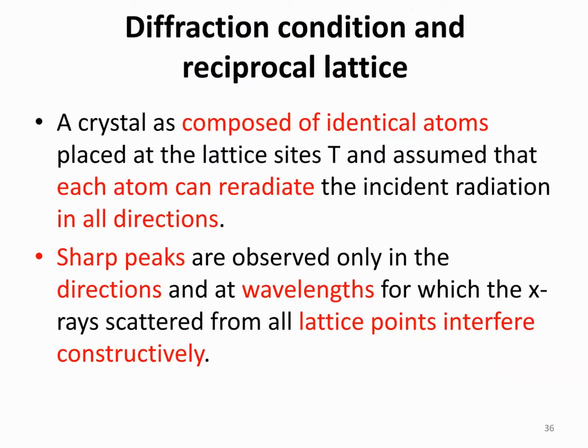So the diffraction condition and reciprocal lattice: a crystal is composed of identical atoms placed at the lattice sites T, and assume that each atom can re-radiate the incident radiation in all directions. Okay, and then sharp peaks are observed only in the direction and at the wavelength for which the X-rays scattered from all lattice points interfere constructively. So in order to observe the sharp peak, remember the diffraction pattern had many reflection spots.